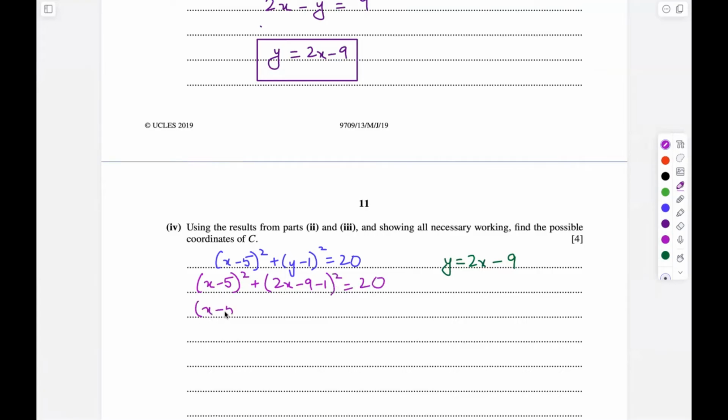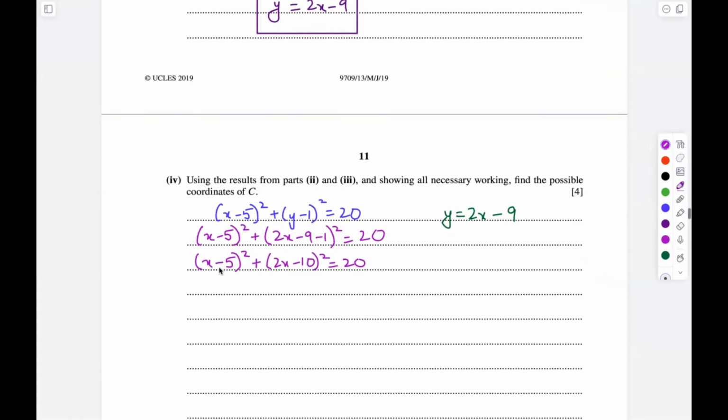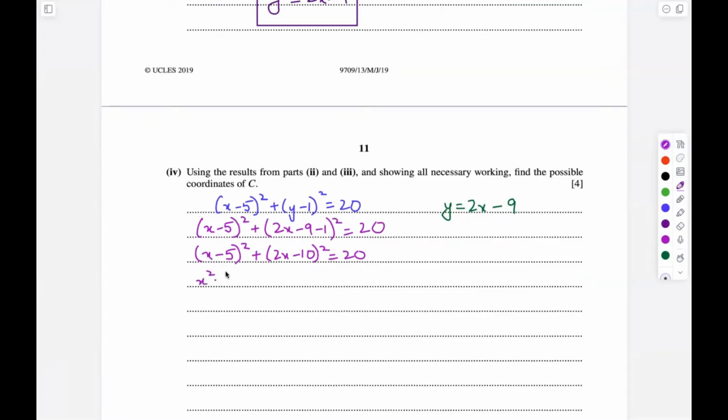Simplifying this, we can write it as x minus 5 whole squared plus 2x minus 10 whole squared equals to 20. And now expanding the expression, we'll get x squared minus 10x plus 25. This will become 4x squared minus, so this will become 10 times 2, and multiplying by 2, that will become a minus 40x plus 100 equals to 20.